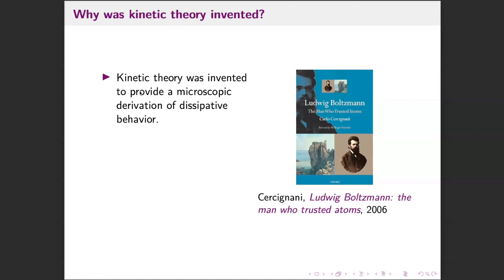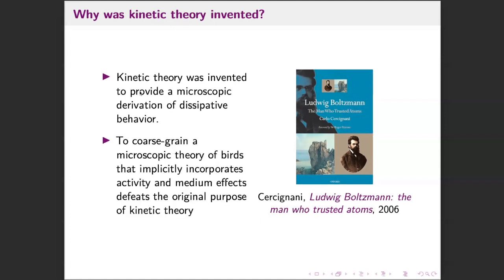My claim is that although it makes sense that people did this coarse-graining from the Vicsek model to the Toner-Tu equations, because the Vicsek model is a very popular model that everyone used, it's kind of inconsistent with why kinetic theory was invented originally. The whole point is that you find the microscopic origin of physics, whereas the Vicsek model has all these implicit aspects to it, of which you don't really know the origin.